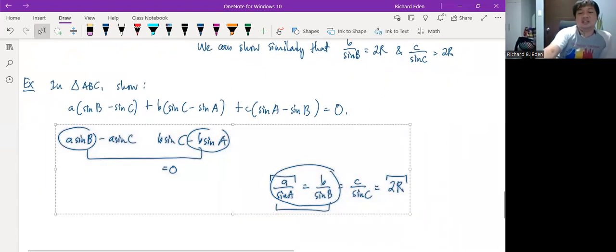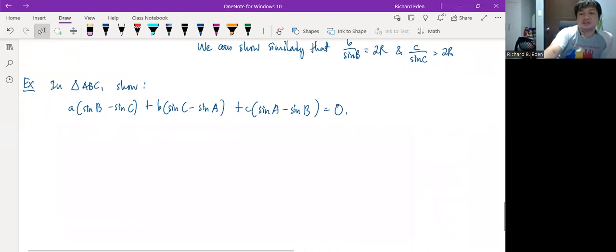We did not need the extended law of sines because the circumradius did not have to enter the picture.